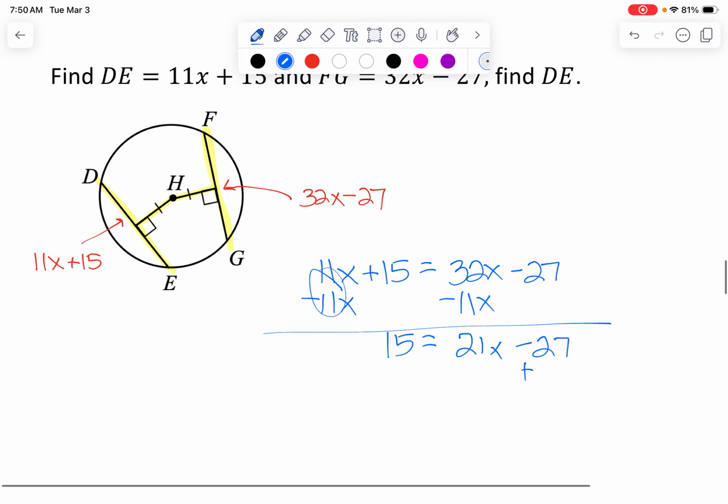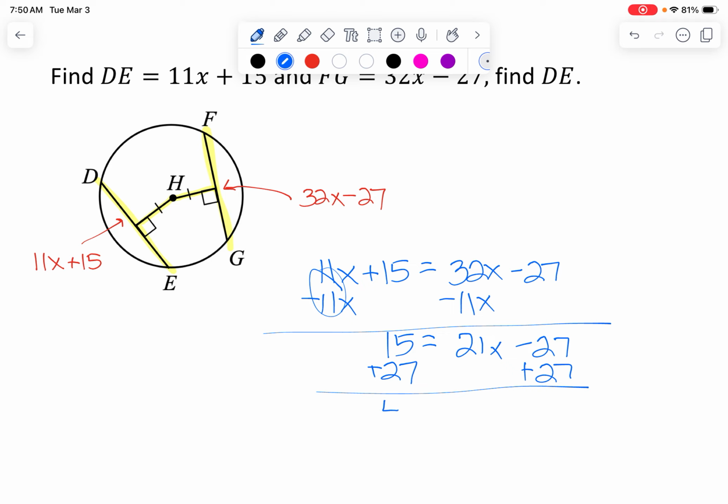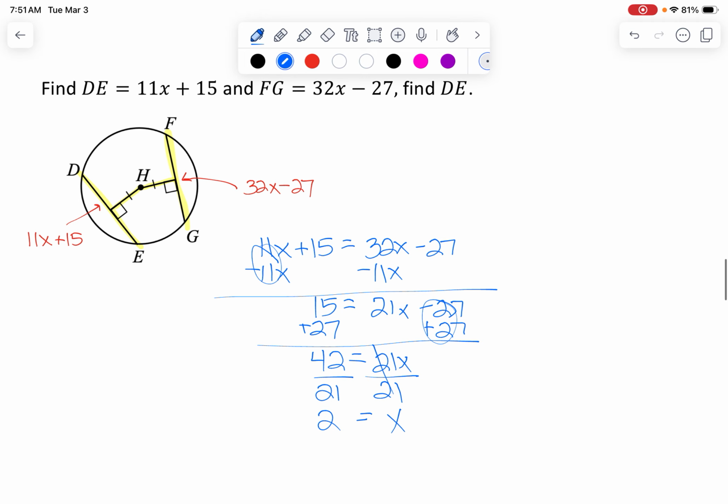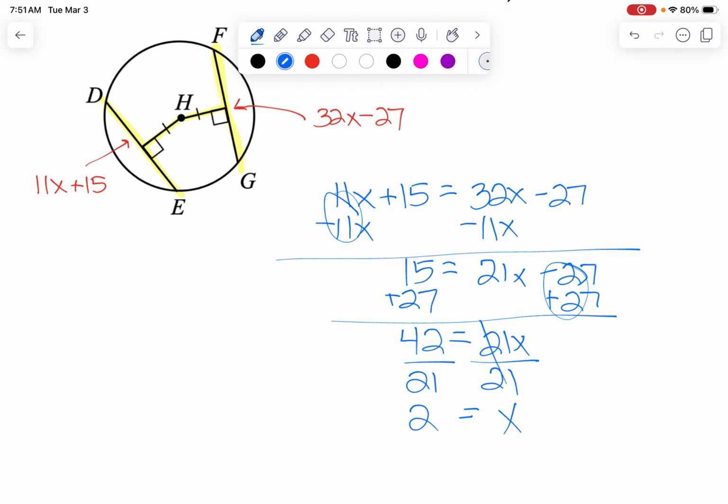Okay, and then add 27. 42. And then that's going to give me 2. Okay. Now I need to find DE.